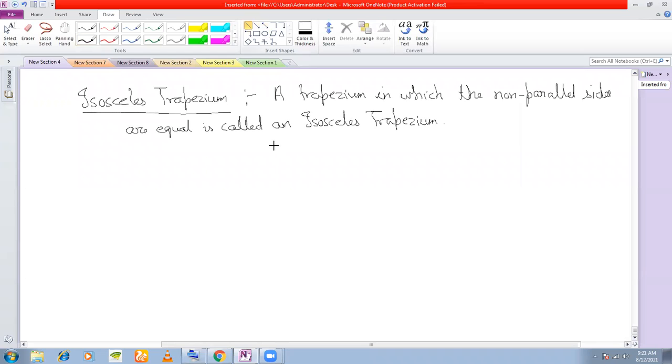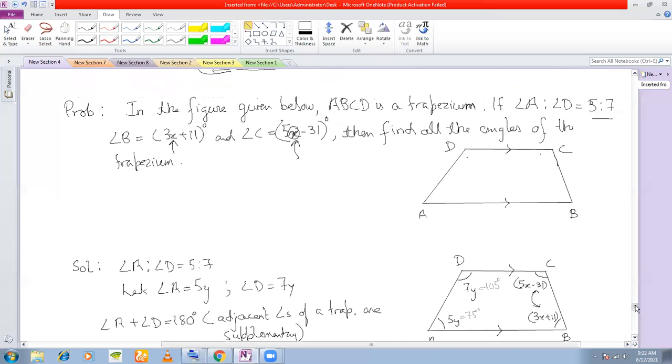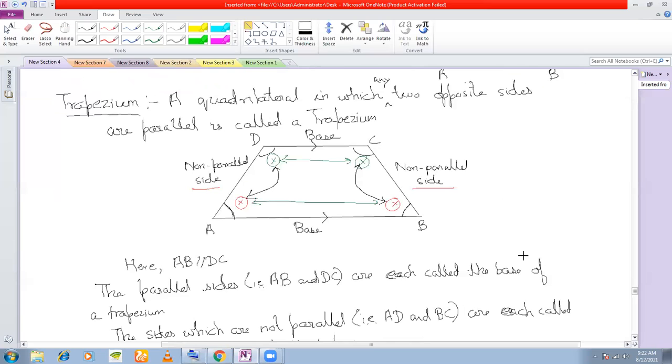Okay. How will it look like? Sir, what does it mean by non-parallel? See, non-parallel sides I defined earlier only. This is a non-parallel side. This is also a non-parallel side.